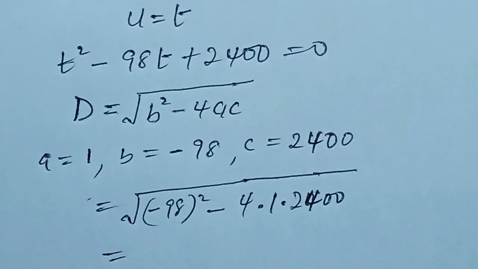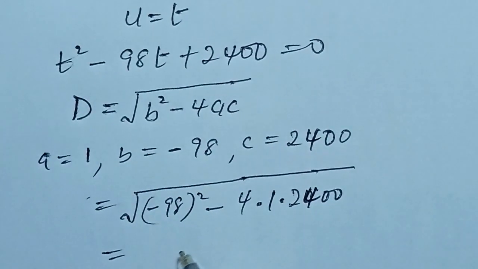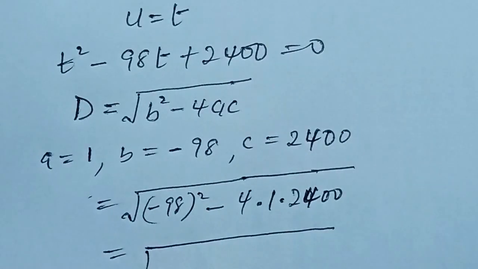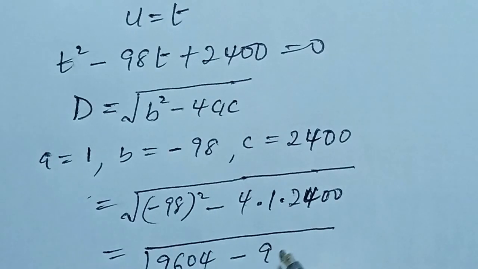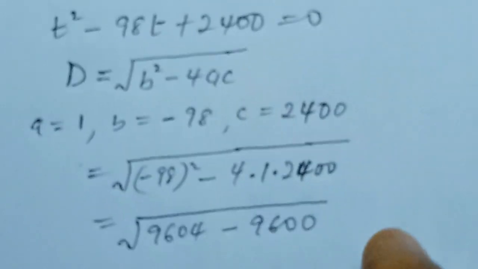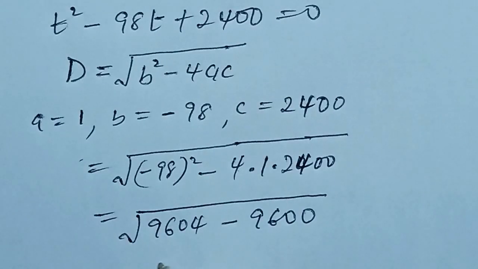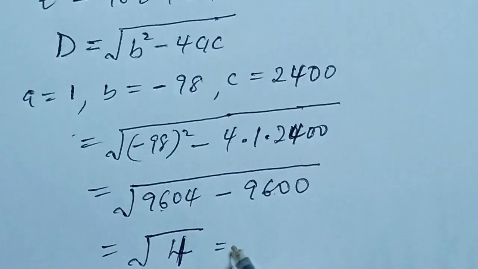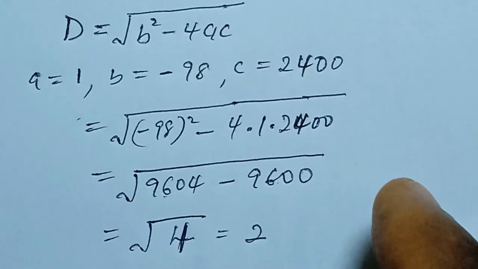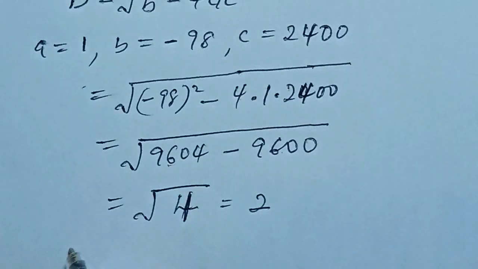And this will give us, minus 98 squared, will be equal to square root of 9604 minus, multiplying the whole of this, we have 9600. So this becomes square root. Subtracting each other, we have 4, and square root of 4 is equal to 2. So now to find the value of t, the discriminant d is equal to 2.